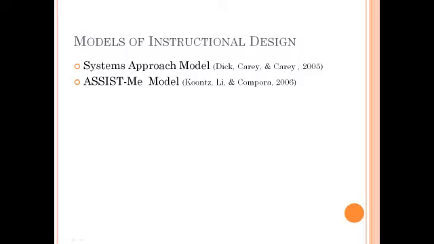Now, the ASSIST-ME model also came about due to controversy over whether the 9 events of instruction were enough for online instruction, because the 9 events of instruction were intentionally designed for traditional classrooms, and a lot of instructional designers felt that did not fit their specific purpose of e-learning.